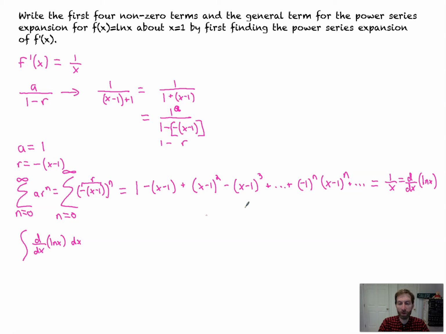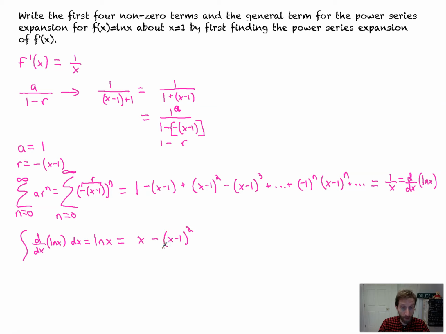If we were to take the integral of the derivative, we would get ln x. So then what I'm going to do is I'm going to take the integral of all this. So ln x, therefore, is the integral of this with respect to, what's that with respect to? X.